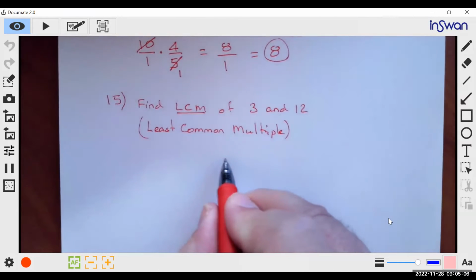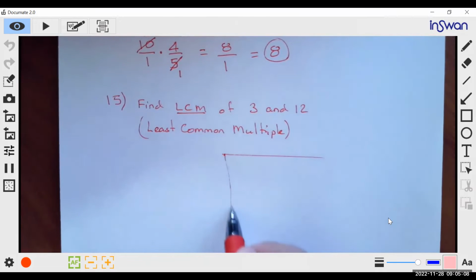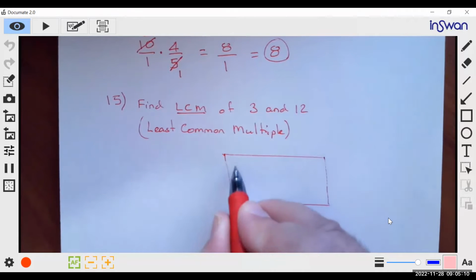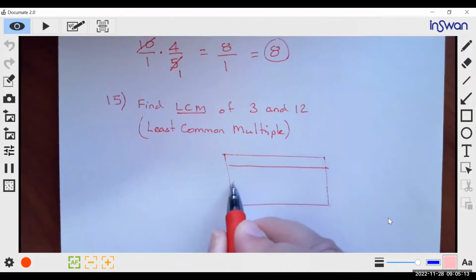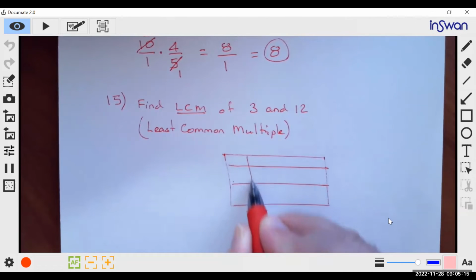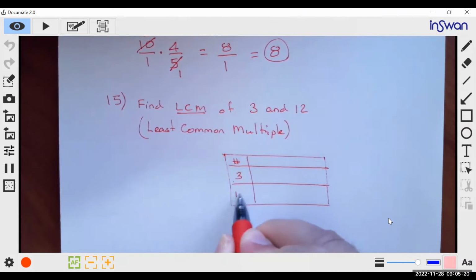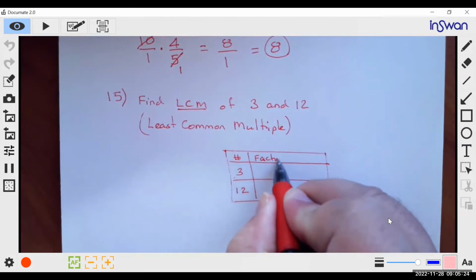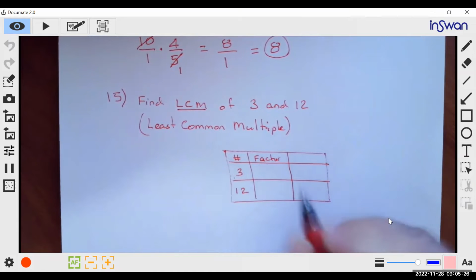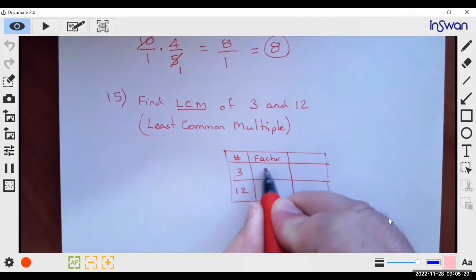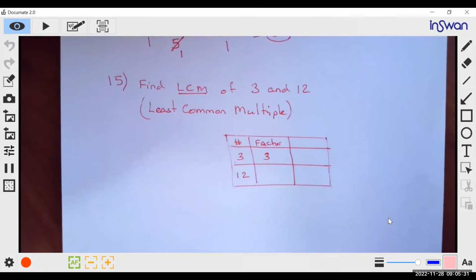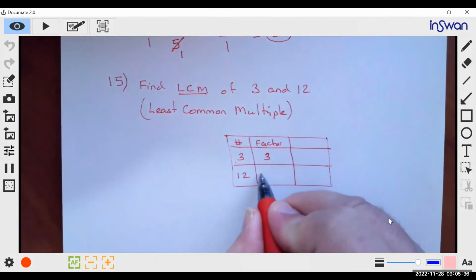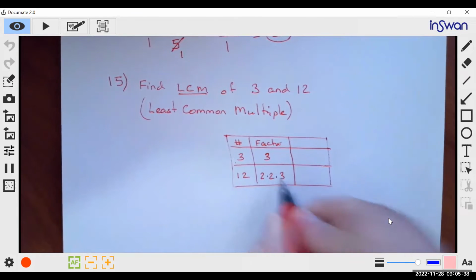The way you do it is you can use this chart I gave you a long time ago. The number, factor them. 3 is made up of 3. 12 is made up of 4 times 3, which is 2 times 2 times 3.